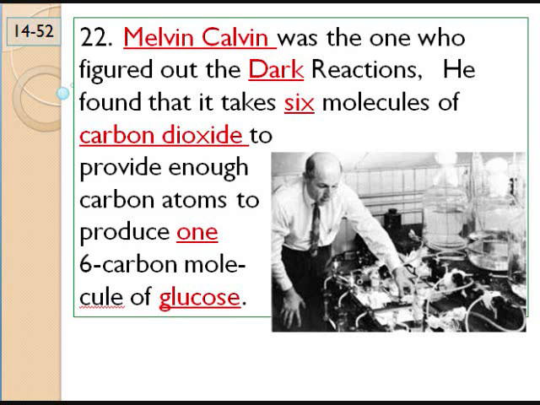So he was the one who realized for every glucose you manufacture, you've got to use 6 carbons to make it happen. And when he said that, then we began to figure all kinds of stuff out. And that's why he didn't name it himself. Scientists named it after Calvin. I guess no one did more than Calvin to help us understand the cycle that happens in the dark reactions.